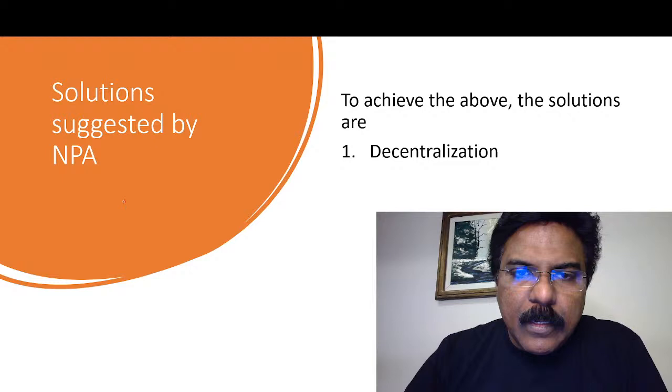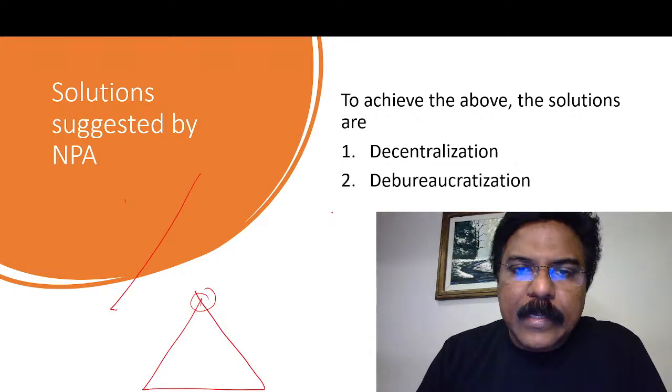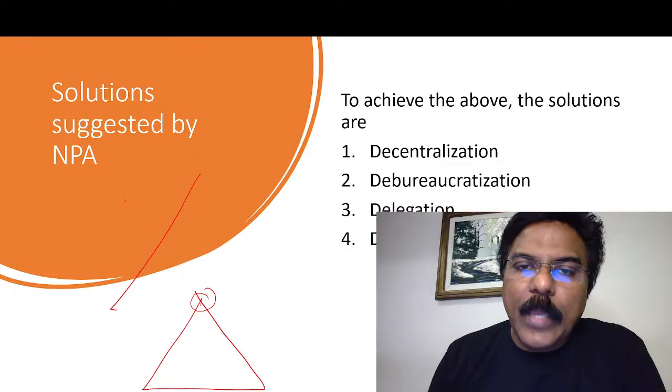Give more power by decentralizing, debureaucratizing, delegating, democratization. Right? All this. So you have to make it more democratic. You delegate authority. Debureaucratize means reduce the red tape. Right? Decentralize. Don't have one power center. You have multiple power centers here. Right? So that's what he's saying.